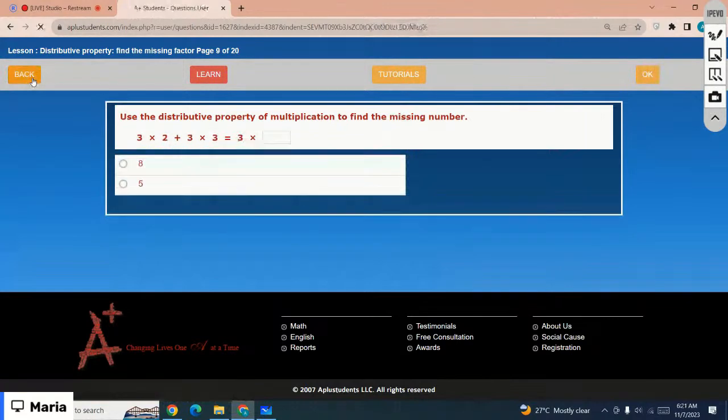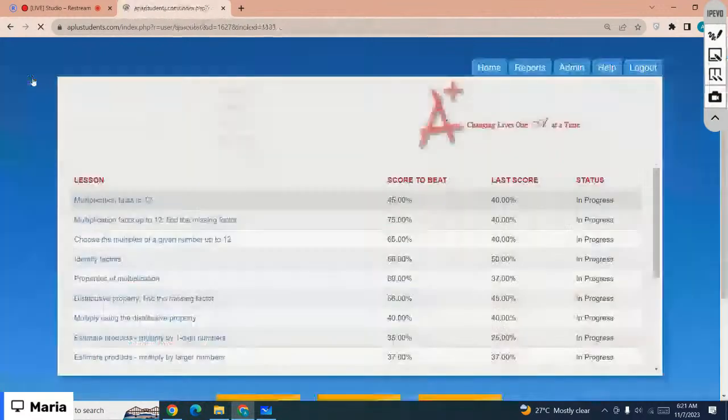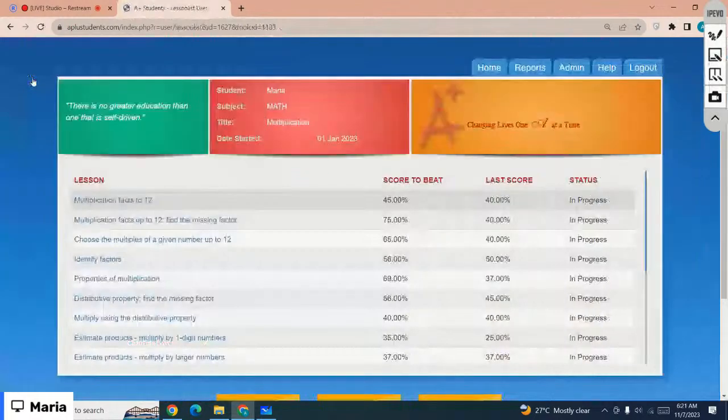And the next lesson is multiply using the distributive property.